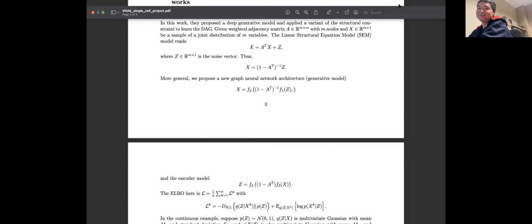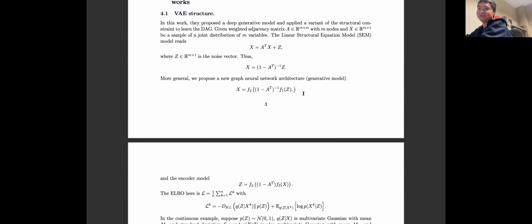I think we made an assumption that the adjacent matrix follows this formula, the SEM: X equals the adjacent matrix transpose multiplied by X plus some noise. And without this noise, the adjacent matrix is just an identity matrix. So not identity, I think.